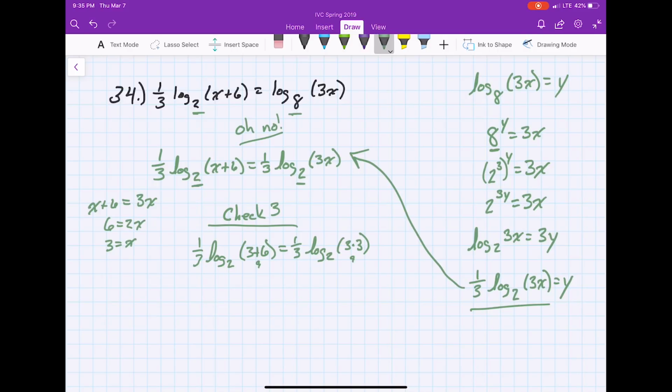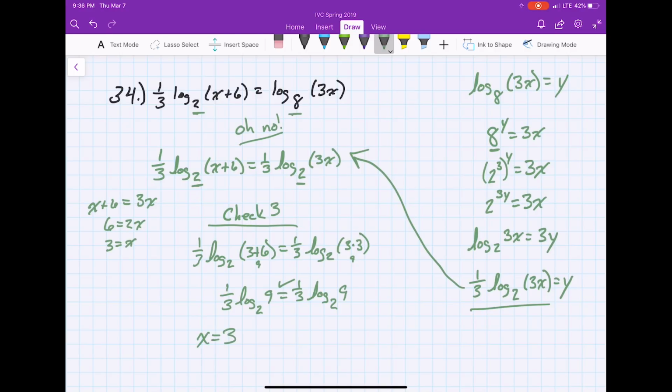So this is going to be 9. This is going to be 9 in here. So everything's going to match, but I'll write it out. 1/3 log base 2 of 9 equals 1/3 log base 2 of 9. So 3 is our answer for x.